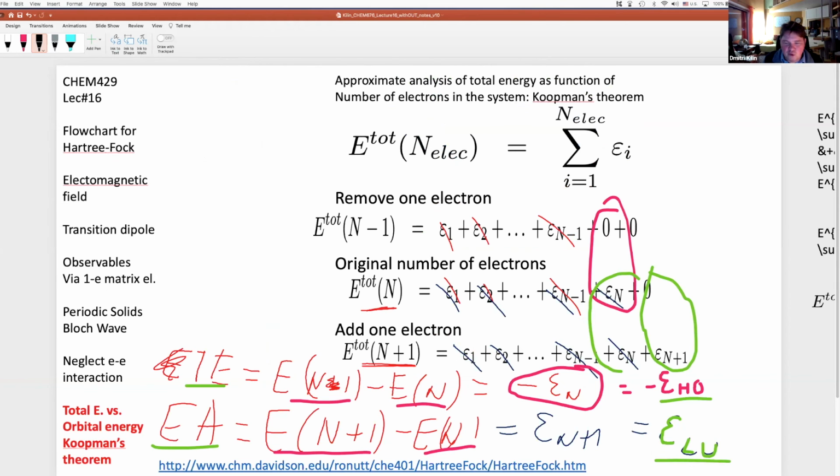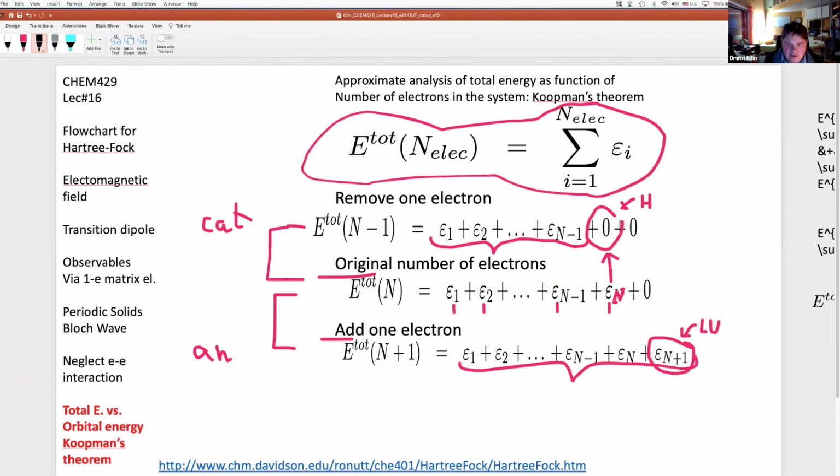Now a little hocus pocus. If we take the approximation of Koopmans, neglecting Coulomb and exchange, so that the total energy of the system equals just the summation of all occupied orbitals, then for the neutral molecule, we will have the energy of the first orbital plus the energy of the second orbital.